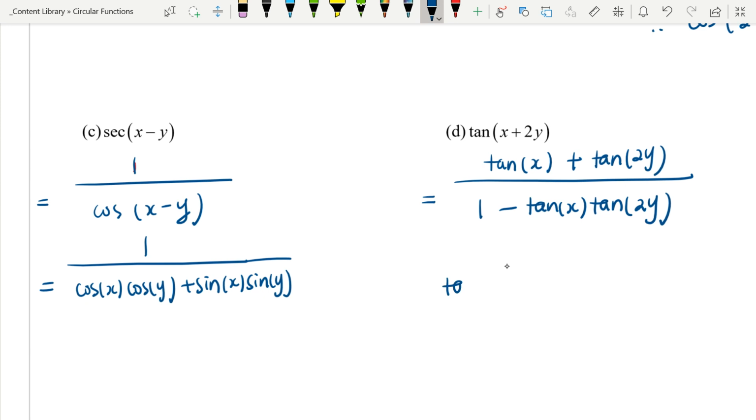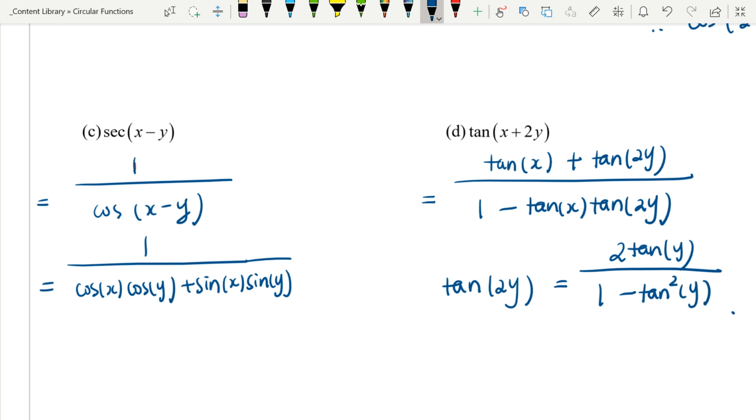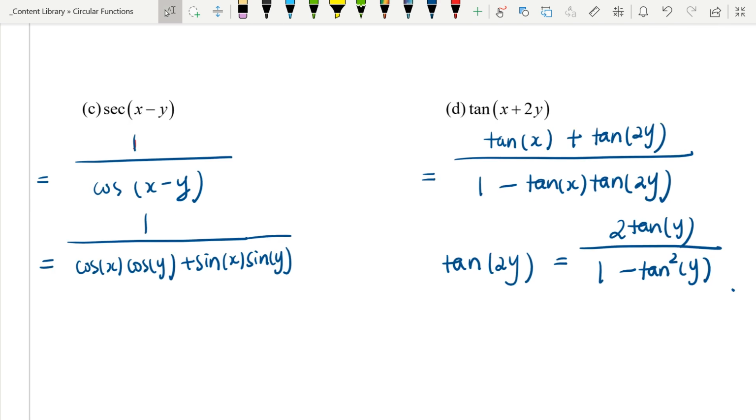What's tan y equal to? Yep. Good. You remember. And you just put values here and try to find out what it is.